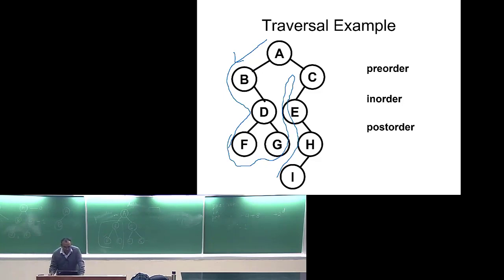So A, B, D, F, G, C, E, H, I. Got it? Only for pre-order we have this trick. For other, you will have to apply the algorithm.